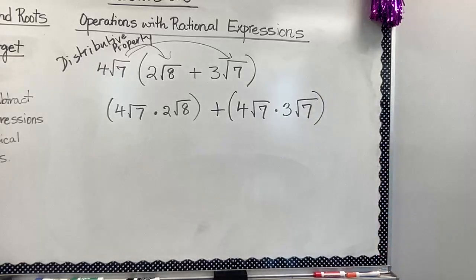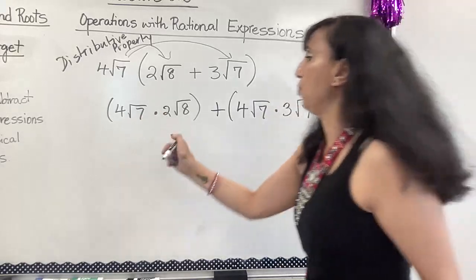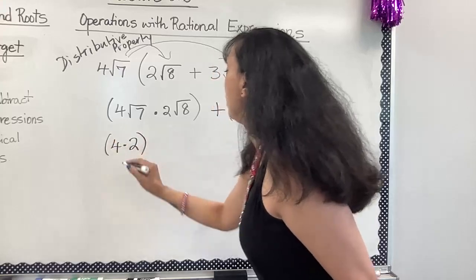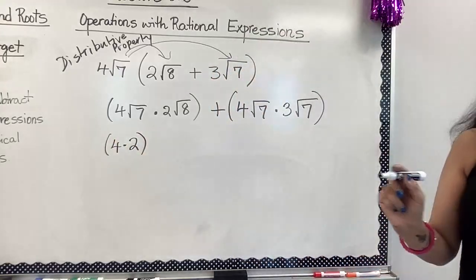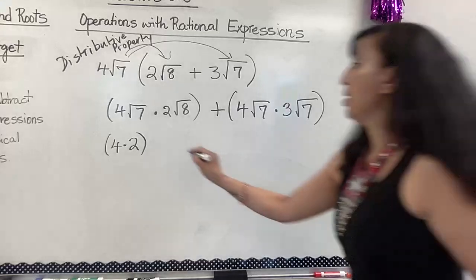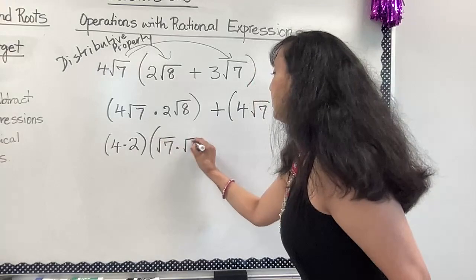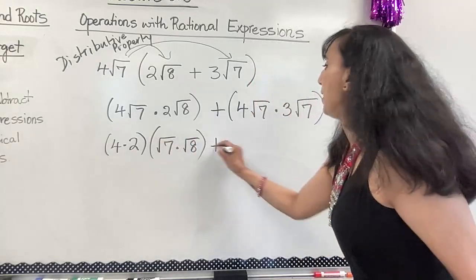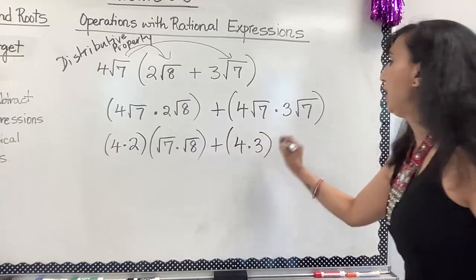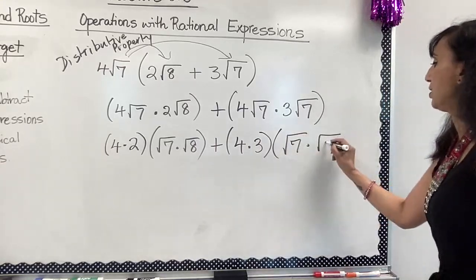So what is this going to be? This is going to be 4 times 2. So we are going to group it. 4 times 2, and then I'm going to group my radicands, because I can multiply the radicands. Plus I have 4 times 3, and then I have root 7 times root 7.